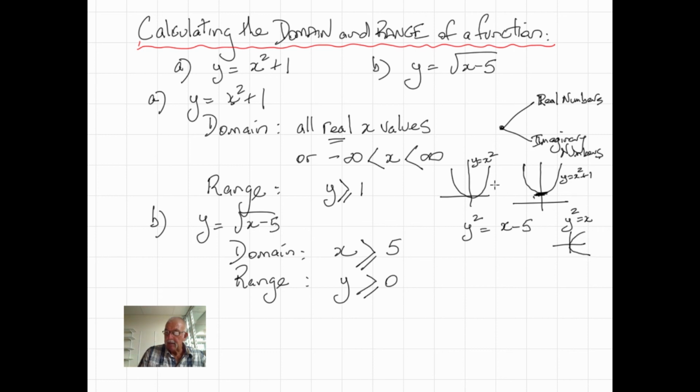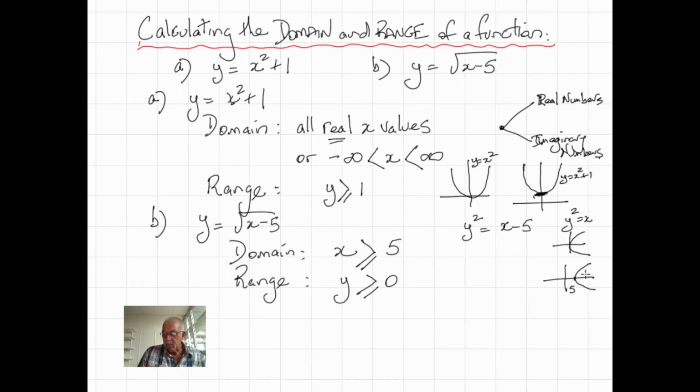Rather than being like y equals x squared, y squared equals x looks like that. What's the effect of putting negative 5 there? Well, it moves the graph that way. All right, so that's the 5.